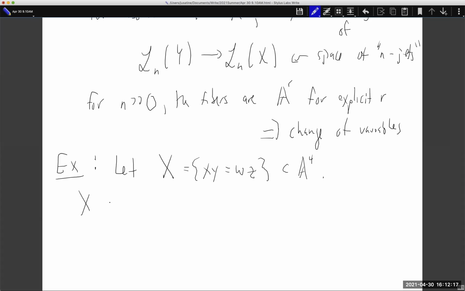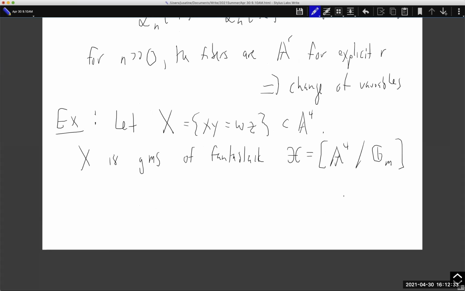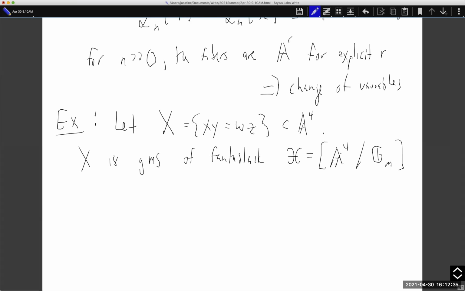And what does this have to do with our setup? Well, it turns out that X is the good moduli space of a fantastack. And what is that fantastack? Well, I take A^4 and I quotient out by the one-dimensional algebraic torus. And what's the action of this torus on A^4? I act on a, b, c, d.